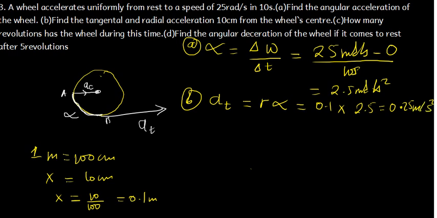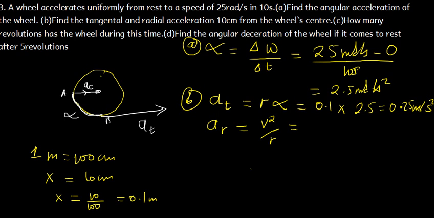Now we also want to find the radial acceleration, which is also called centripetal acceleration. Radial acceleration is given by linear speed squared divided by the radius. Now we don't have linear speed because the speed we have has been given in angular form.